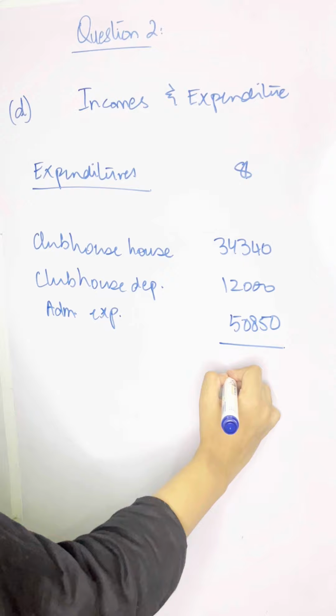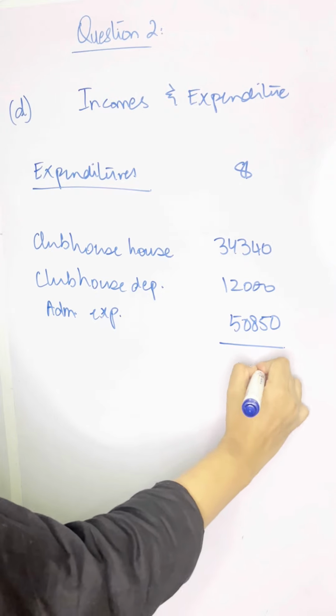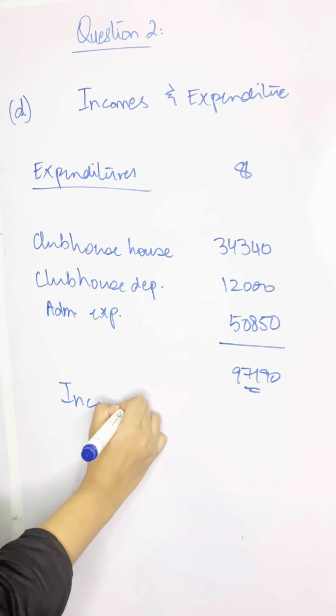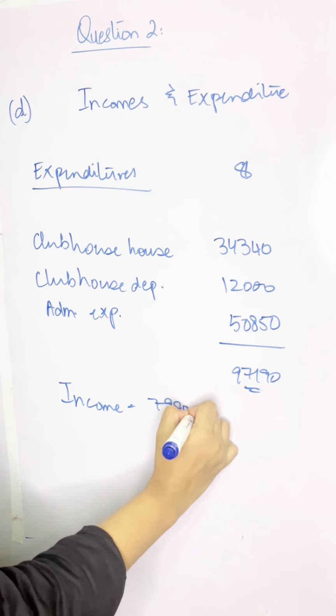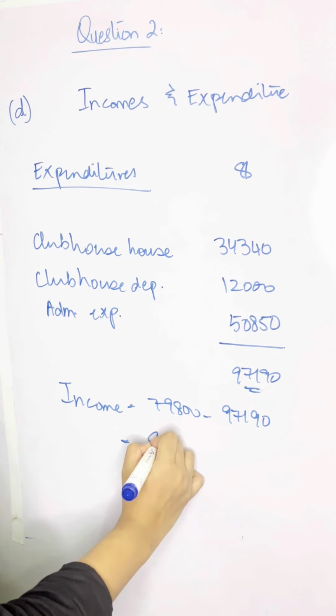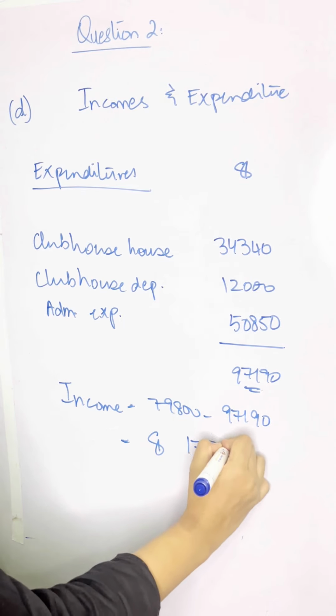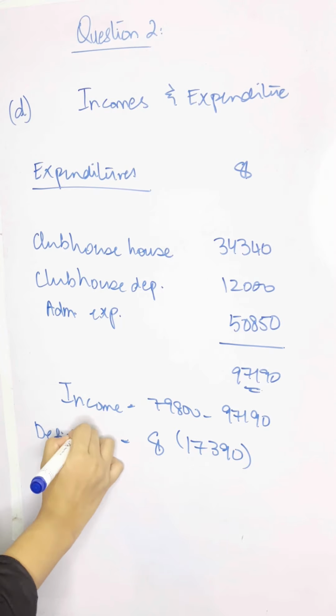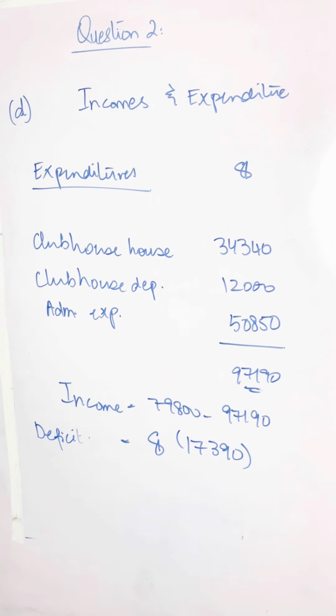So the total of the expenditure is 97,190. We calculated the income as 79,800. We subtract the expenditures from it, and we have a deficit for the year of 17,390. So basically this is the deficit, or you can say the surplus of expenditures over income, and this now will be adjusted in the statement of financial position.